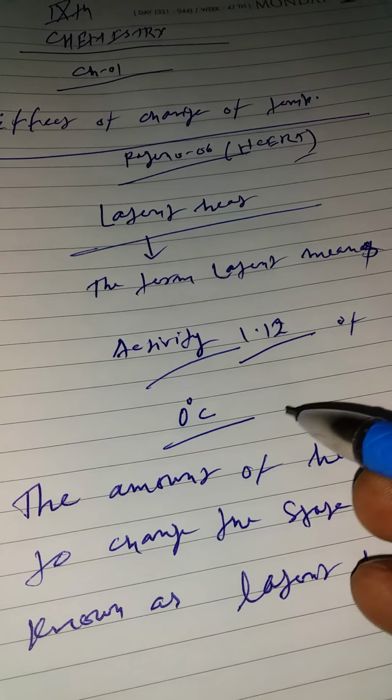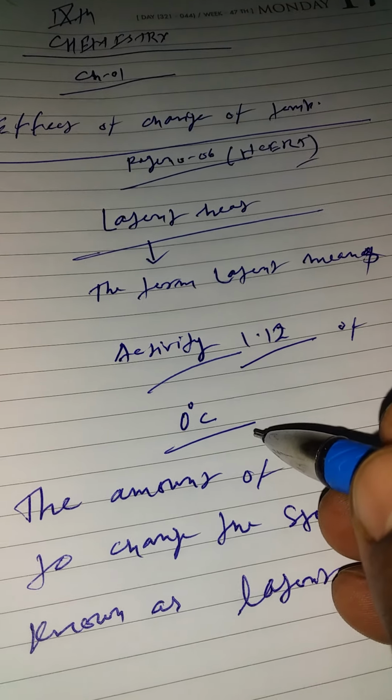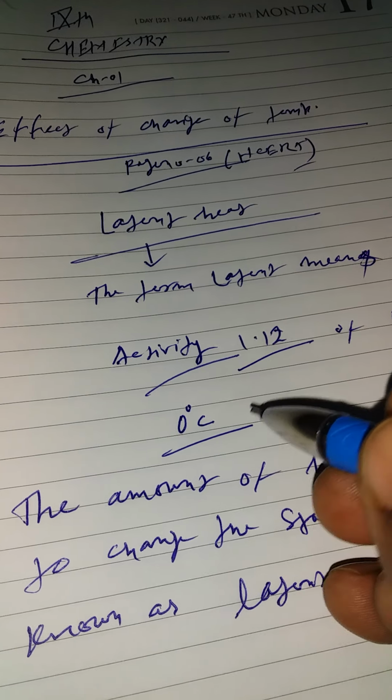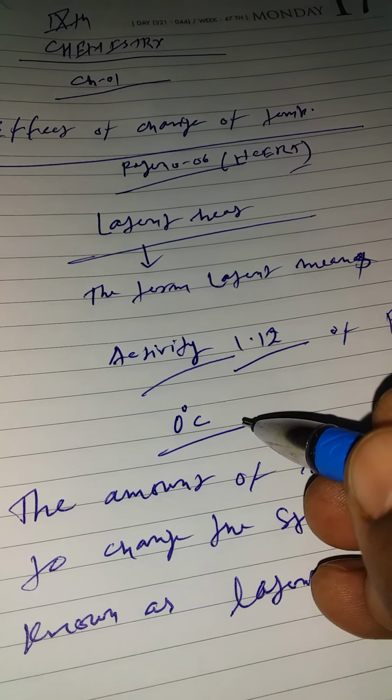The thermometer temperature remains constant, that is 0 degrees Celsius, when ice is heated.